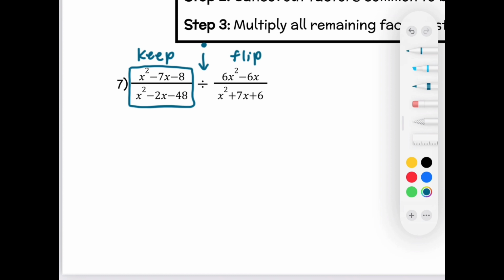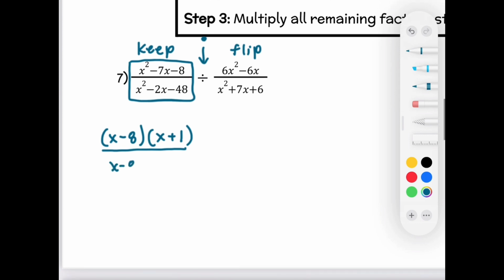Figure out what multiplies to -8 and adds to -7. So it'd be x minus 8, x plus 1. Over, and then let's figure out what multiplies to -48 and adds to -2. That would be x minus 8 and x plus 6.